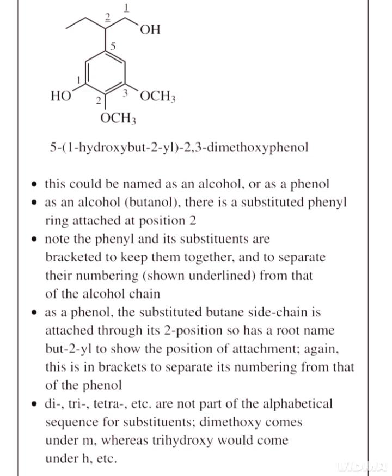We can name it by numbering the zigzag of the alcohol chain: 1, 2, 3, 4, and its reflection. So 2 is in the middle, and it is also the side chain of the hydroxybutyl dimethoxyphenyl.